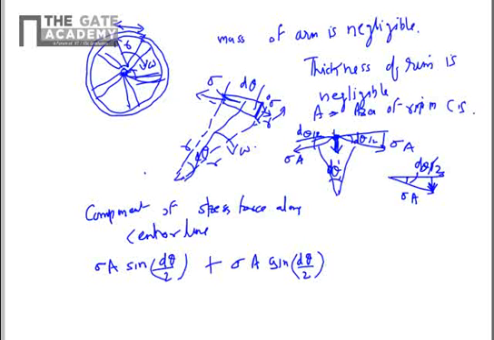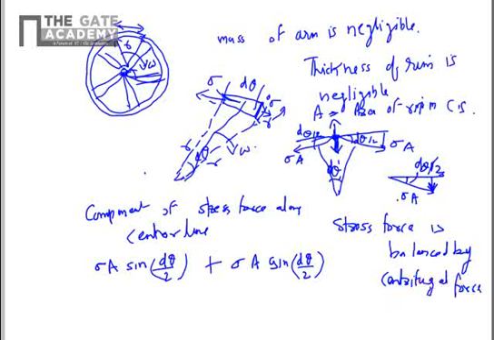Now these two forces will be counterbalanced by the centrifugal force of the mass. So the stress force is balanced by the centrifugal force that acts away from the center.